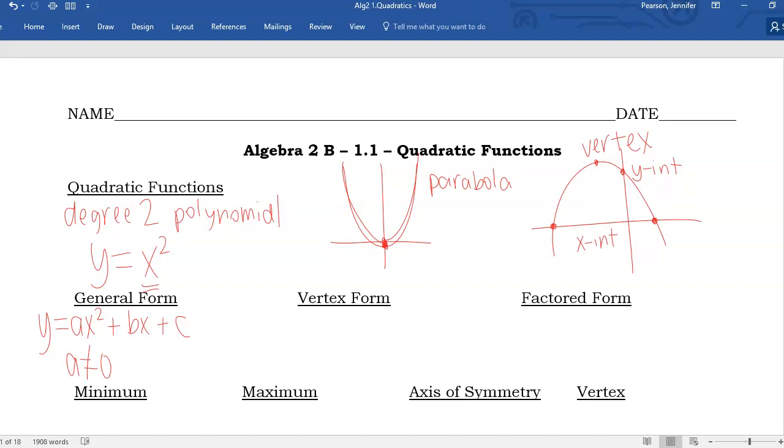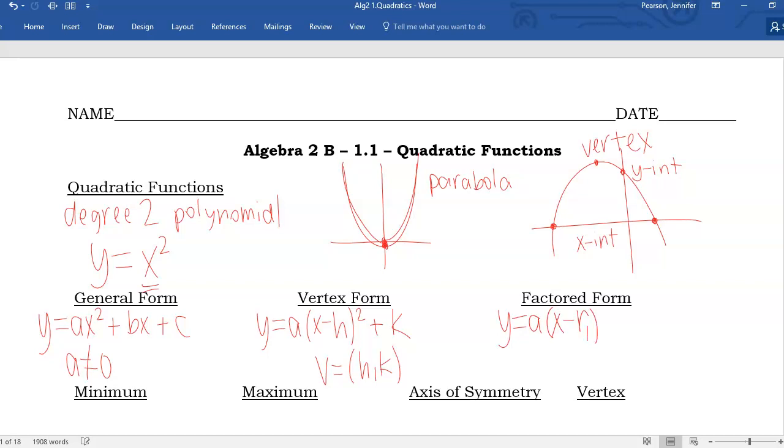Vertex form we've seen before. When we were translating our parabolas, we were moving them left and right, we were moving them up and down. So the values that we put in for h and k, that would be where the vertex of the parabola is located. And then last is factored form. So that a can kind of move around.